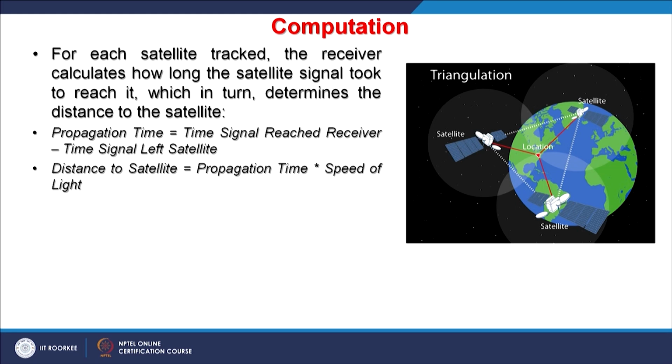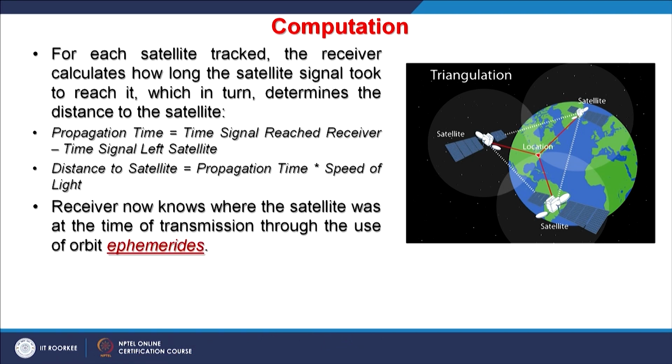First the propagation time, that is the time the signal reached the receiver minus the time the signal left the satellite. To determine the distance to the satellite, propagation time is multiplied by the speed of light.